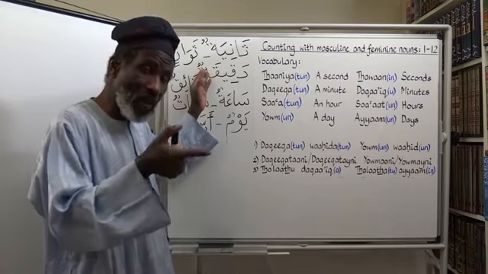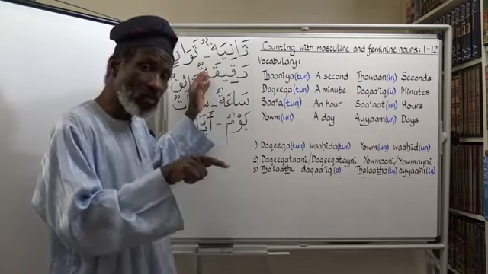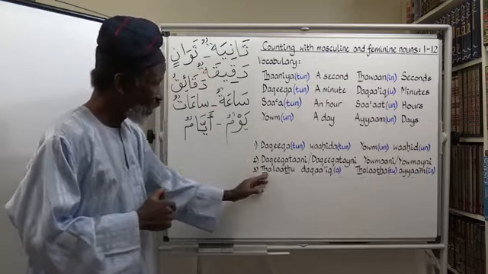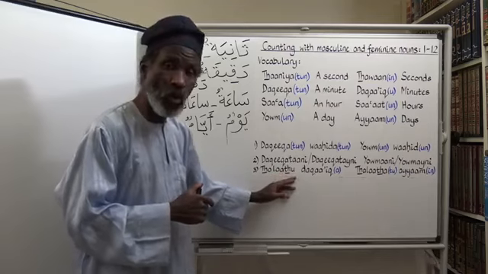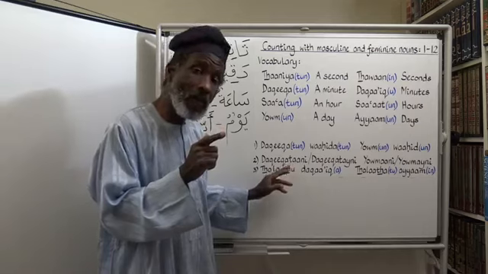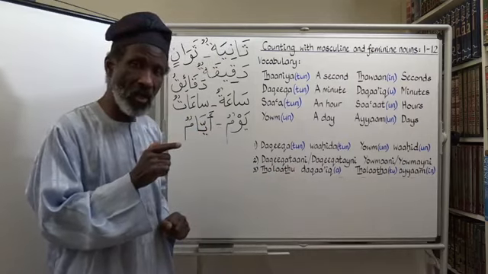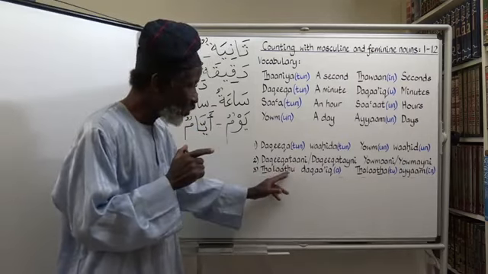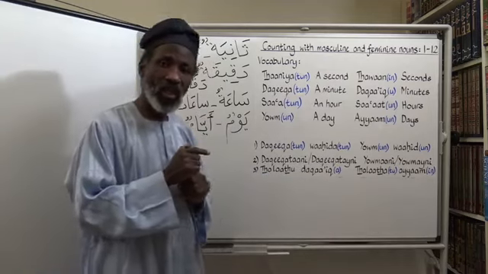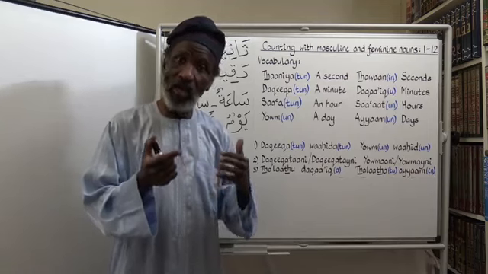So therefore, number 3 must be of the male version. Hence we say thalathu, not thalathatu. Thalathu is the male version of number 3. You say thalathu daqa'iq. Then you use the plural.